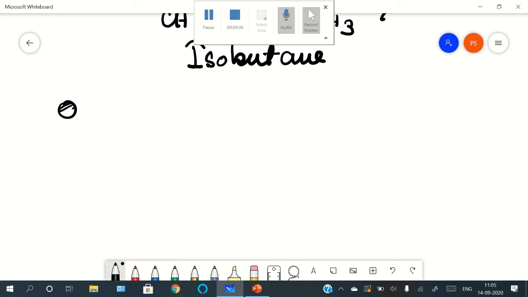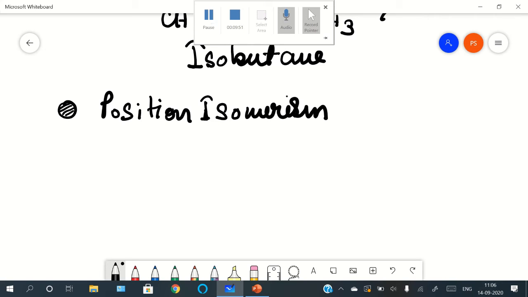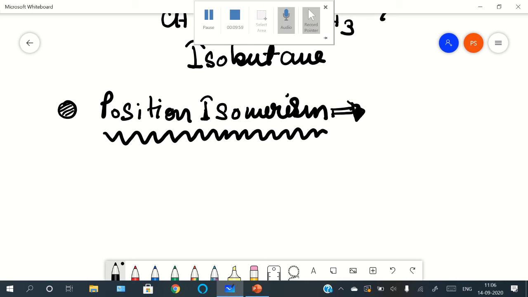The next category is the positional isomerism. The most common example of this one is the example for the definition of isomerism that we had done, that is CH3CH2CH2OH.